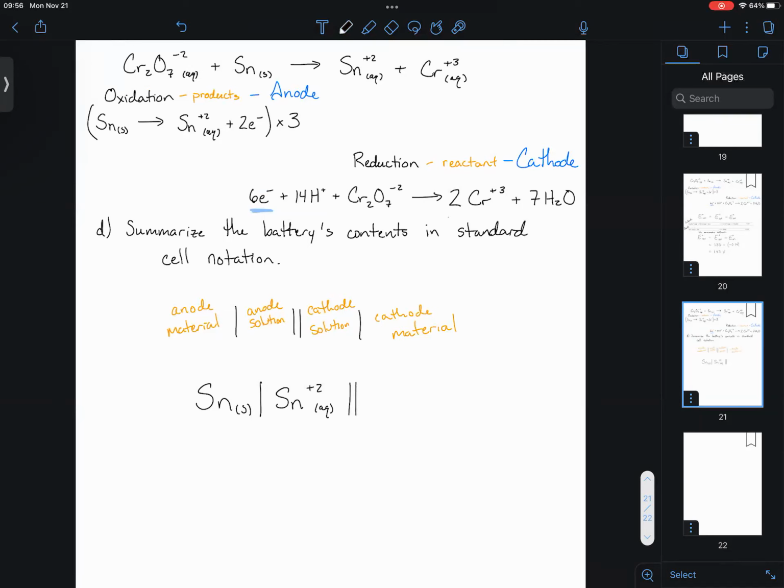When I jump over to my cathode solution, all of these (aq, aq, aq) appeared in my solution at my cathode. So I'm going to have to list all of those. You don't have to include the balancing coefficients, but do include all the formulas separated by a comma.